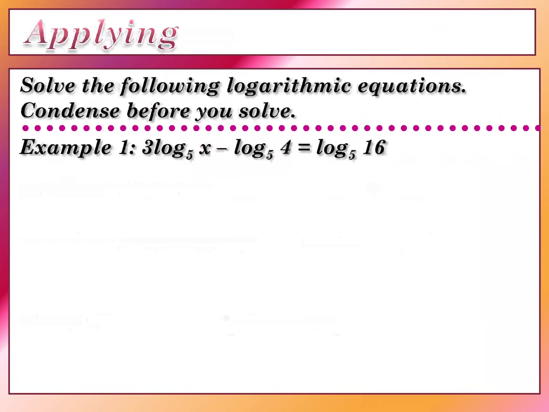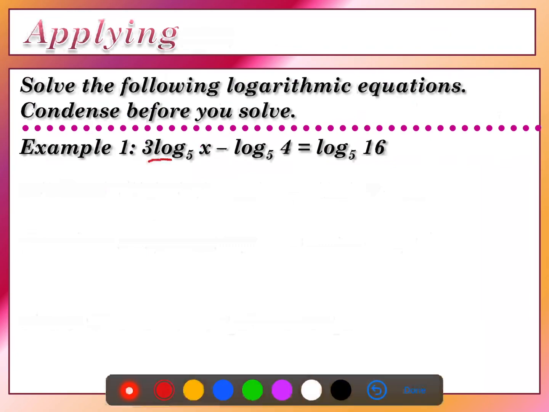If we look here, I can't solve this log equation the way that it's written because I have two logs here on the left. That means I need to condense them into a single log. So I'm going to be on the lookout for addition, subtraction, and coefficients that I can walk back into condensing using our properties.